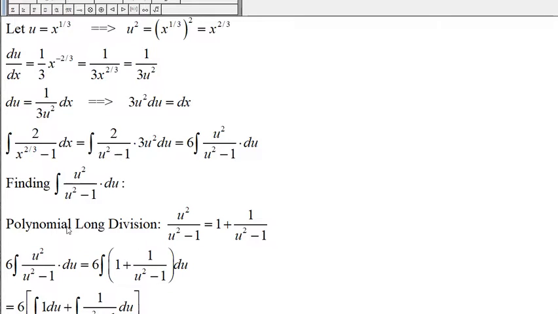So when we use polynomial long division, u squared divided by u squared minus 1 is 1 plus 1 over u squared minus 1.